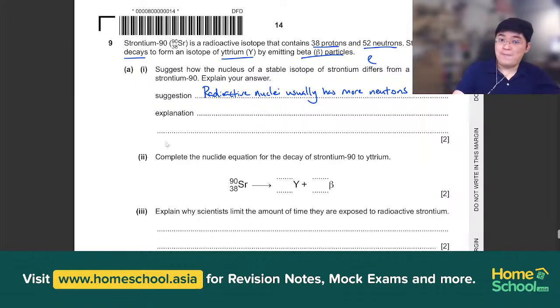And the explanation is because a stable isotope usually has fewer neutrons.